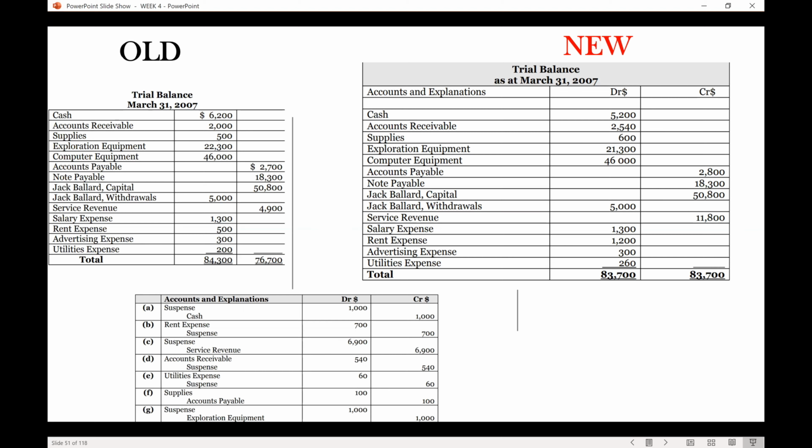Another way to do it is simply by looking at your old trial balance and the errors that you have. So let's look at the next error, which would be rent expense, right? So let's find rent expense in our old trial balance. We're seeing here it has a debit balance of 500. What did we correct here? We said that we would have debited it 700.